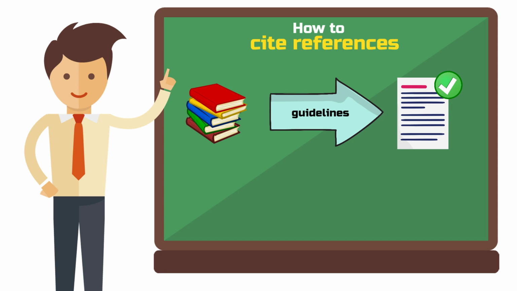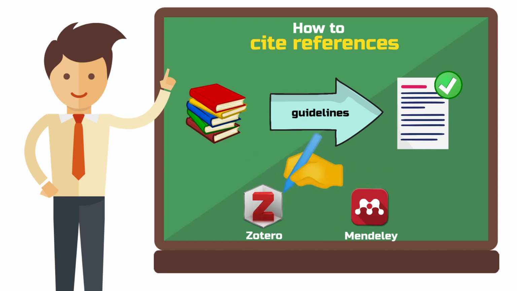Additionally, there are plenty of useful tools that can take care of citations for you. My general recommendation is to cite manually until you understand what you're doing, and then introduce a software to get rid of a lot of repetitive work and save lots of time.